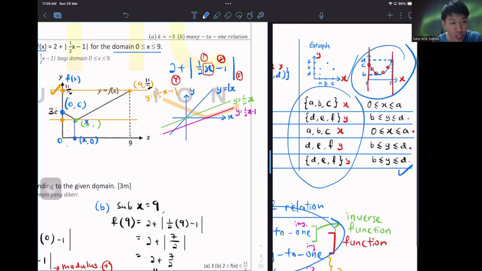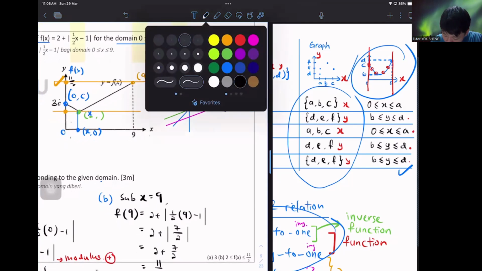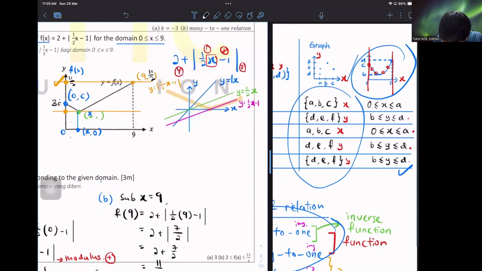So let's go low. We can sub in the 0 first. This time we sub in y equals 0, or maybe the fx, same thing, the image. So 0 equals 2 plus modulus 1 over 2x minus 1.